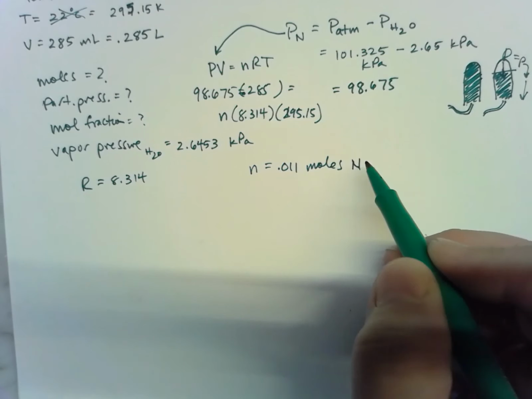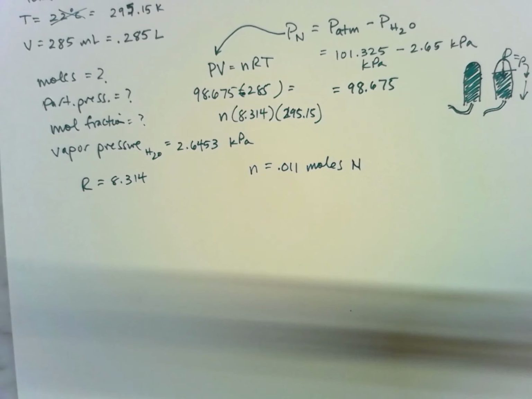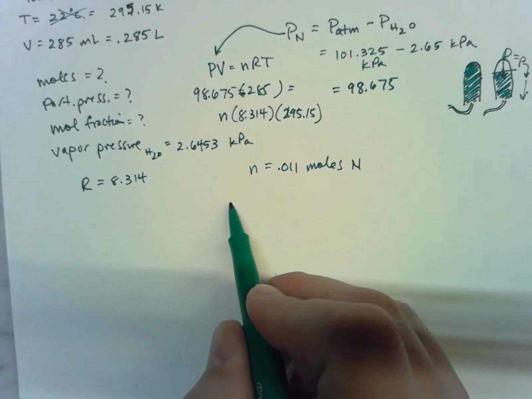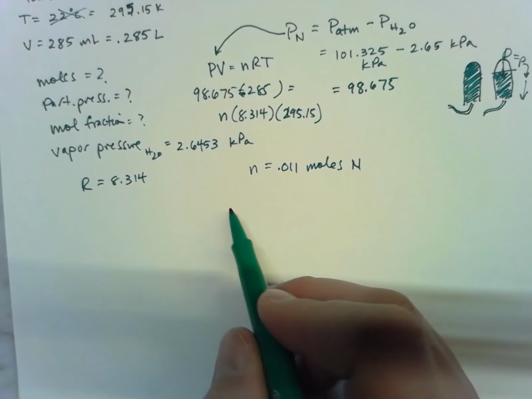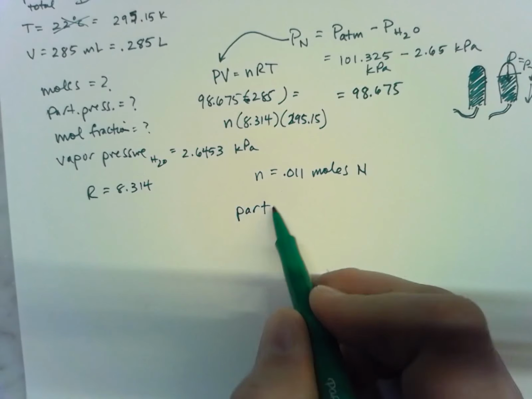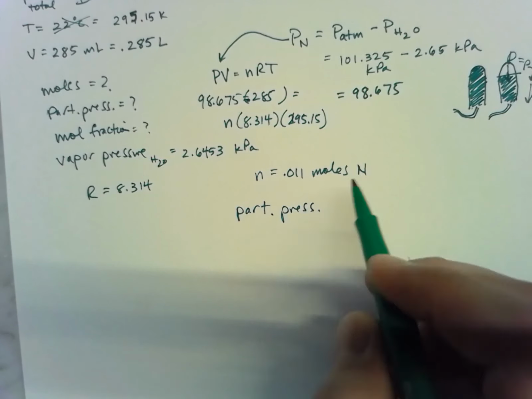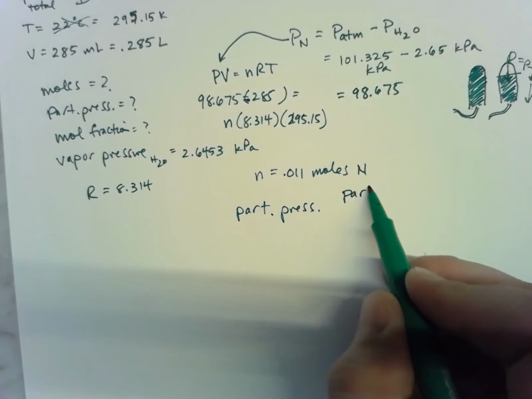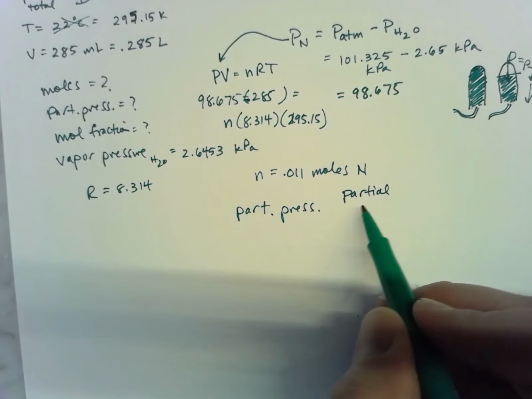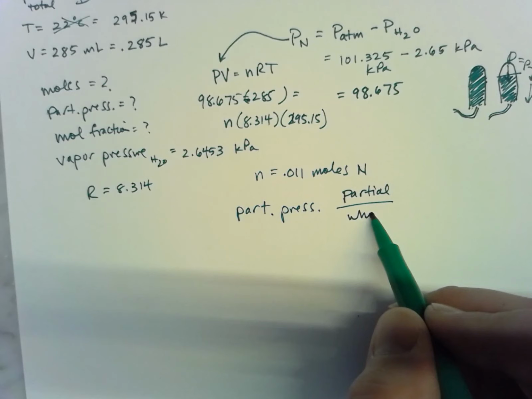Of nitrogen. All right, so that's our first answer there, and then our partial pressure is just the partial over whole.